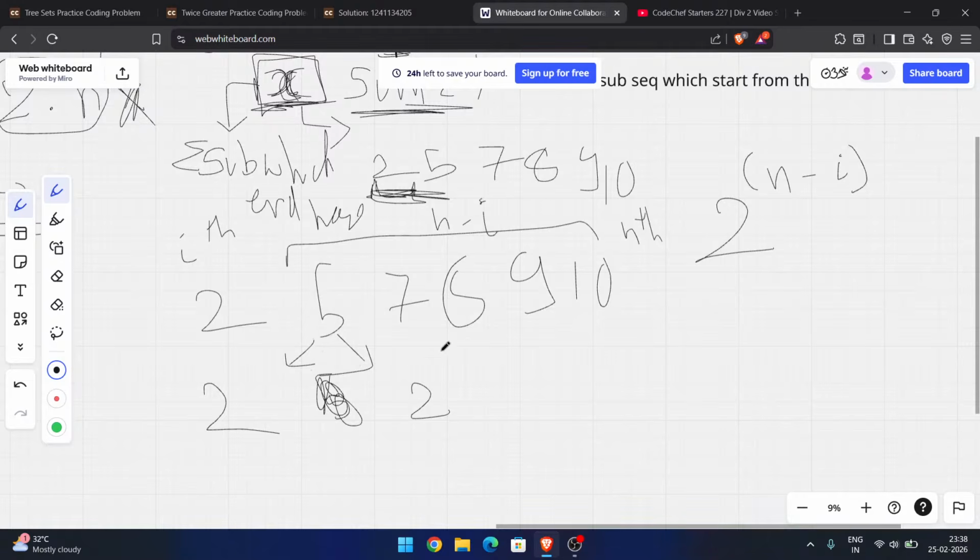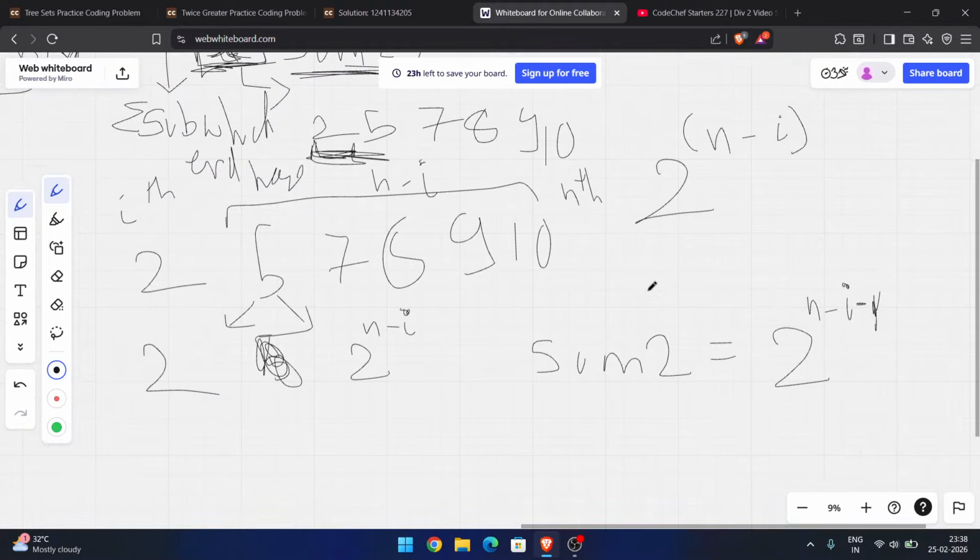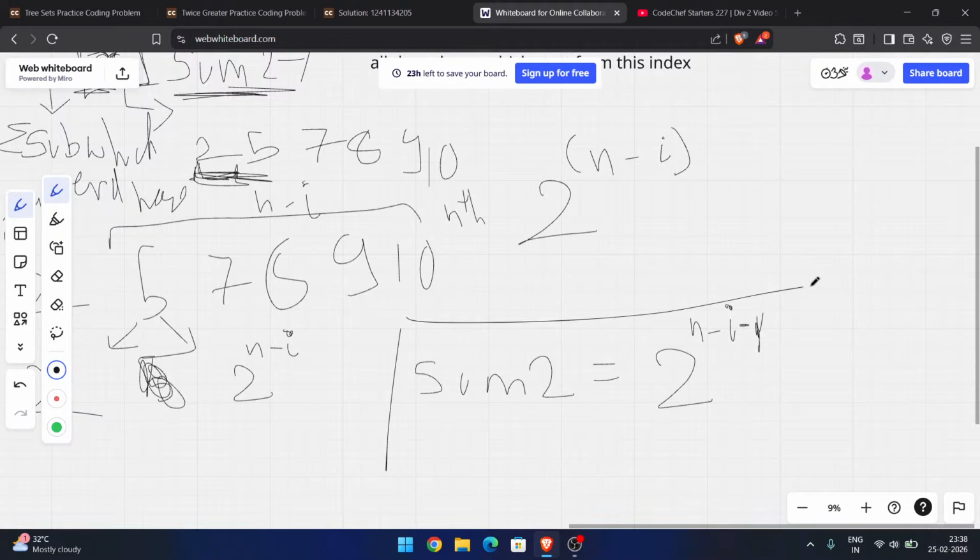So we have choices for n minus i indexes. So sum2 is simply 2 to the power n minus i. If we are considering zero-based indexing, it would be n minus 1 minus i. So this is sum2. It is pretty straightforward to calculate.